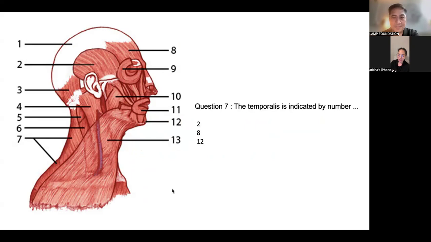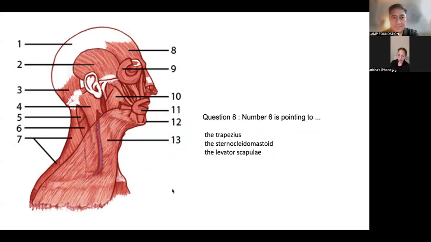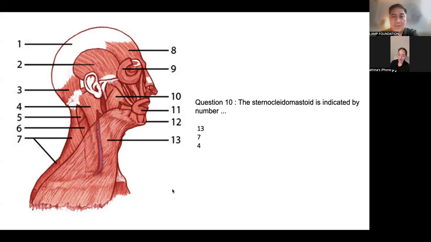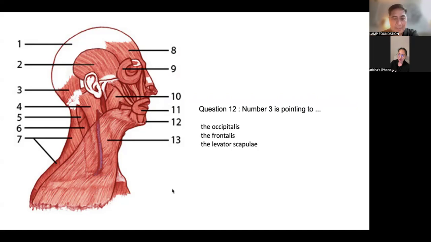Temporalis, that's number 2. Number 6, the levator scapulae. Orbicularis oris, number 11. Sternocleidomastoid, number 4. Platysma, number 13. Number 3, that is the occipitalis.